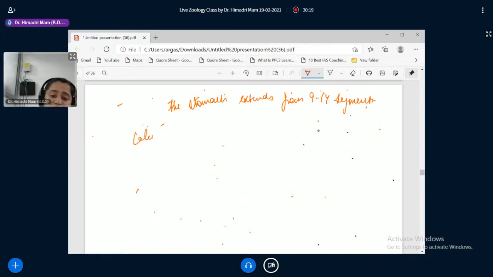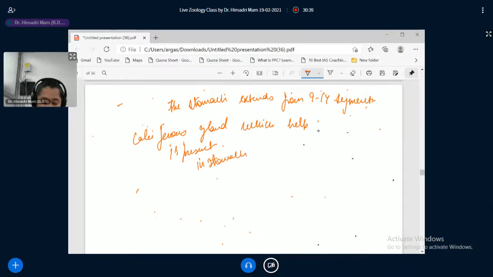Now, they have calciferous glands, which are present in the stomach and help to neutralize the humic acid.